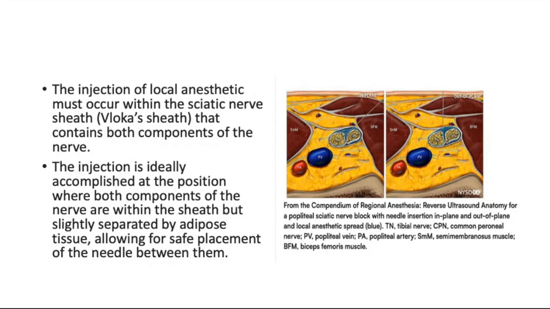The reason they want to ensure that you have LA spread around the individual tibial and CPN is that you have greater surface area. With greater surface area, the onset of the block is the best. If you block it at the area where the two nerves are generally one tight bundle, then the onset of block can be slow.